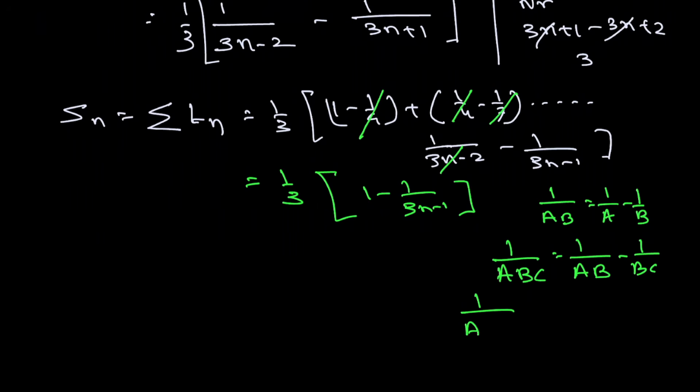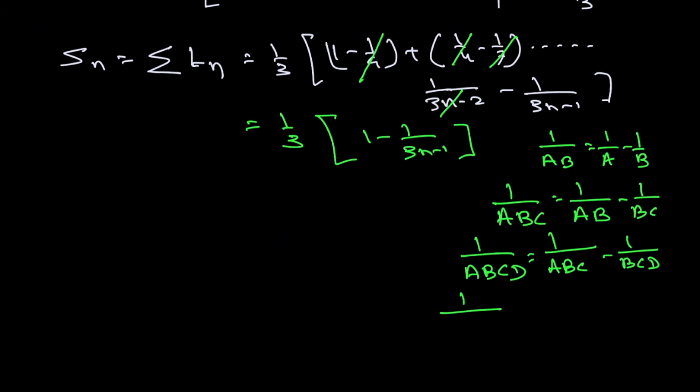If it is 4 terms, abcd, we express it as 1 by abc minus 1 by bcd. In IIT-type examinations, regularly this type of sum comes, and let's understand what is exactly going on, so that after this video you can solve it whatever the number of terms. Suppose it is abcde, we express it as 1 by abcd minus 1 by bcde.